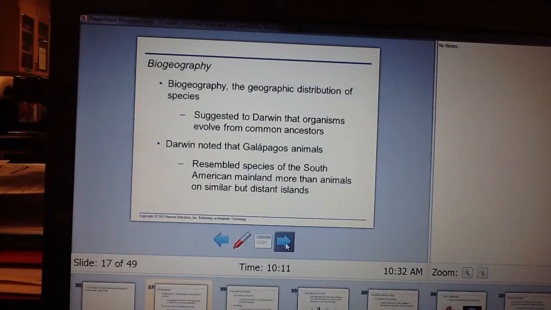What was interesting is that the Galapagos animals resembled species of South America, those on the mainland, more closely than those on similar but distant islands. So the same environment did not select for the exact same features. The reason is that we now know the Galapagos Islands broke off of the mainland and drifted away over time. Those animals used to live together, and because the islands drifted away, the climate and nature selected for different traits.